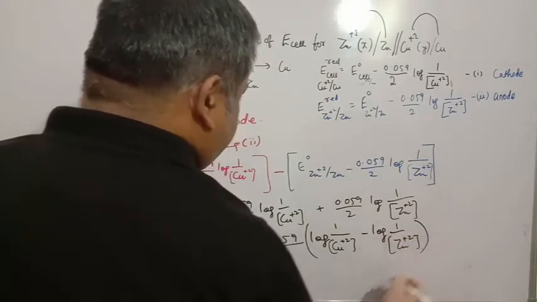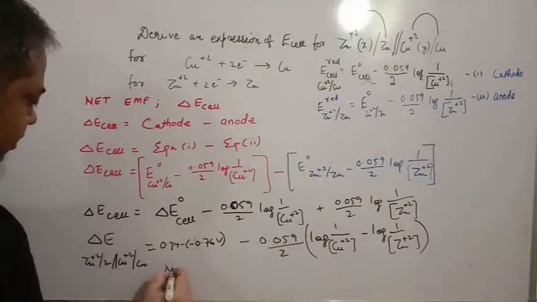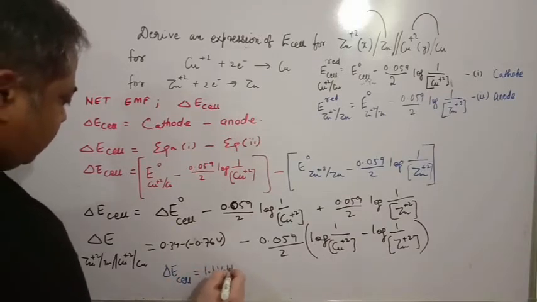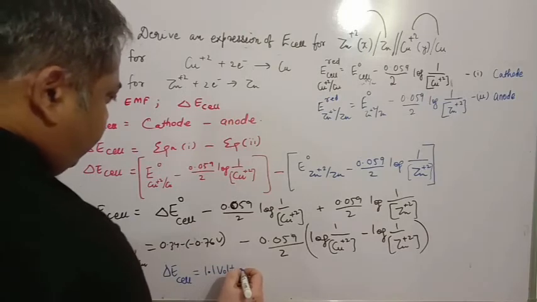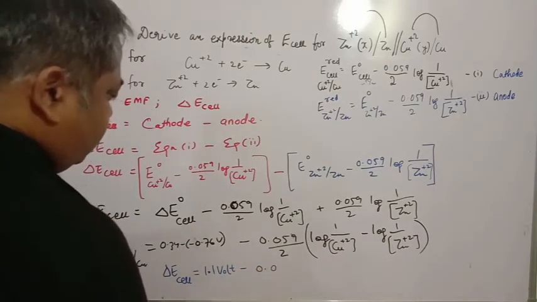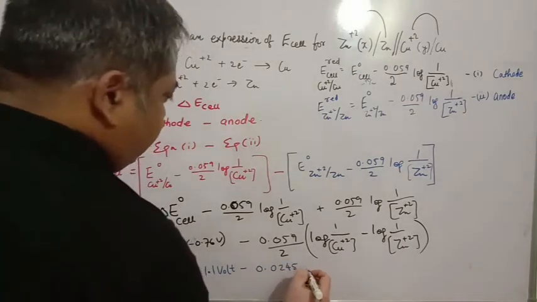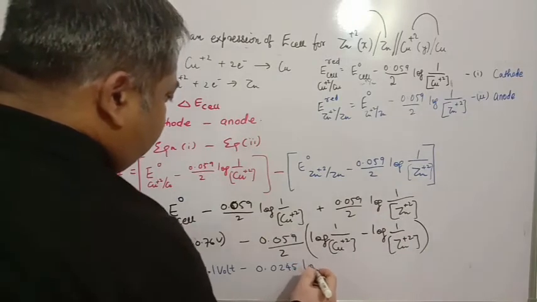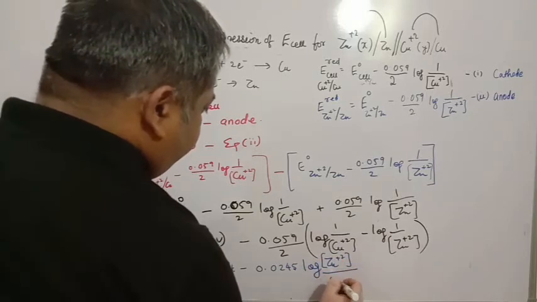So finally, delta E cell is equal to 1.1 volt, a constant value, minus 0.0245, and if I make it plus, then this will go up, so we can write log Zn2+ by Cu2+.